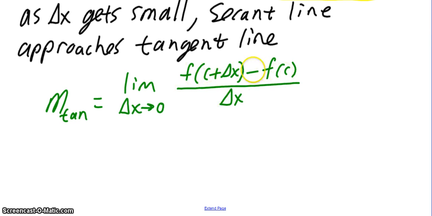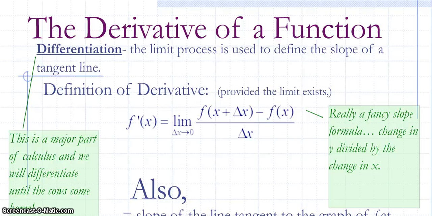This is our difference quotient, remember that? Good stuff. We did limits last unit. So now we can find the slope of a tangent line by evaluating the limit of the difference quotient of the function. This leads us to the derivative.